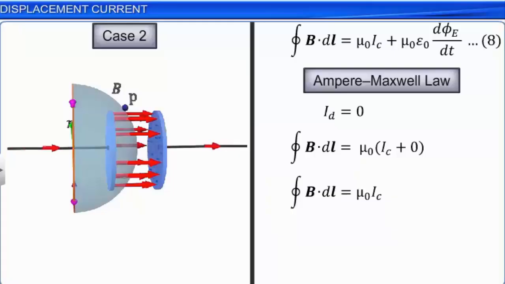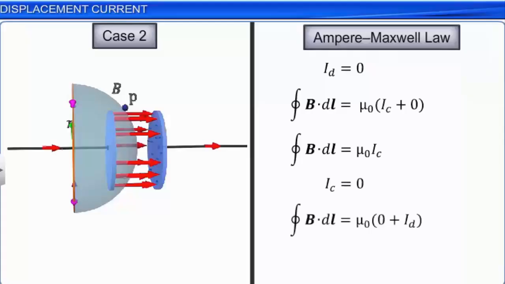Even though there is no conduction current at the point P inside the capacitor, there is a magnetic field due to the displacement current, which is due to the time-dependent electric field. Hence, the change in electric field with time can produce a magnetic field, and the change in magnetic field with time induces an electric field.